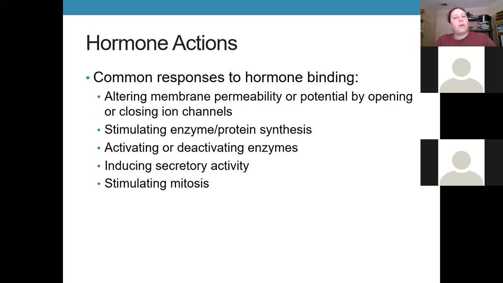Basically, a variety of things can happen when a hormone binds to a target cell, and it's just based on how that receptor is set up. Things that often happen when a hormone binds are these. These are kind of our options for responses.